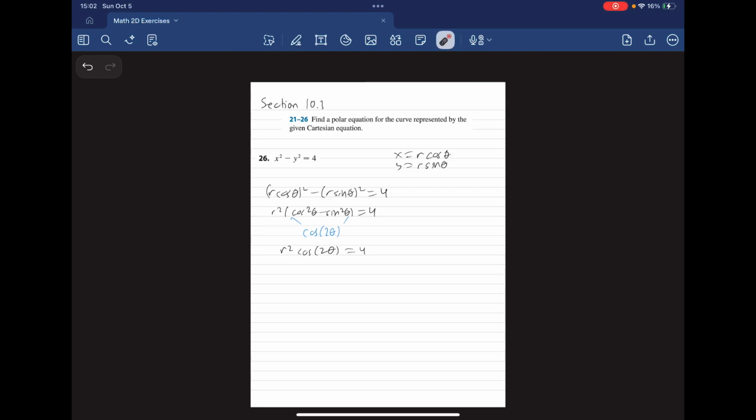If I were a professor and I were to give this as an exam problem, I would count this as the correct solution for that problem. Or if you want to take it a step further, you can actually divide by cosine 2 theta to get that r squared is equal to 4 secant 2 theta. And note that we can actually divide by cosine 2 theta here because it can't be 0 in this equation.